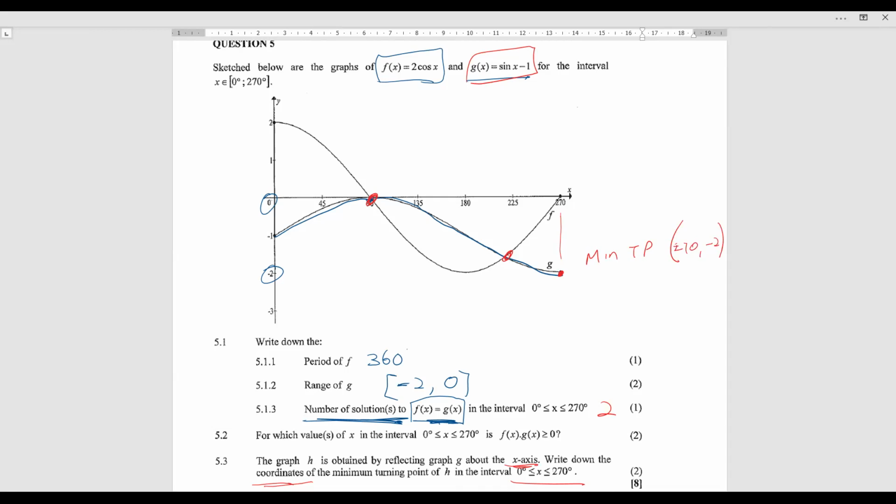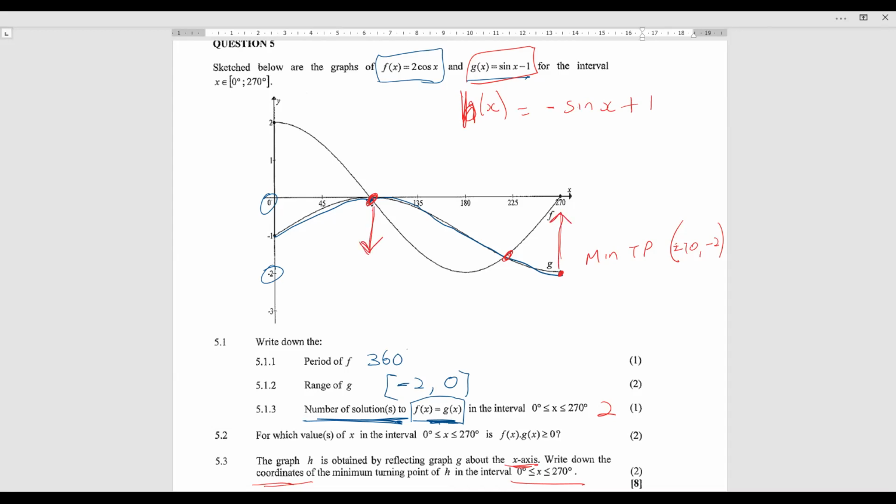But now we're reflecting on the x-axis. When we reflect on the x-axis, what are we actually doing to the equation? Sorry, they're calling it H. So our new equation here, if we reflect, we change the signs. That'll be minus sine x plus 1. Will we all agree with that? So if we reflect, then this will become your minimum, and that will become your maximum.